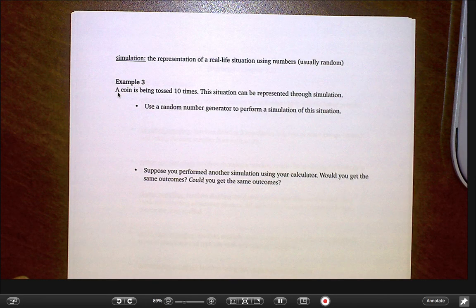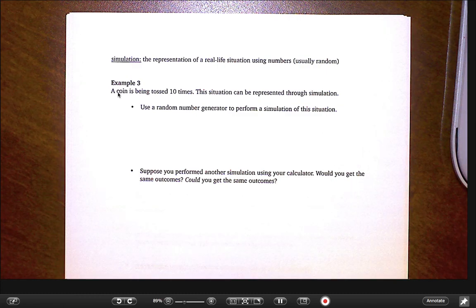Simulation is the representation of a real life situation using numbers, random numbers, okay? And so what we just did there with me typing numbers into a calculator and hitting enter, that was a simulation of me going and choosing cars out of a parking lot, okay? I wasn't physically walking around the parking lot randomly choosing cars to drive up front.